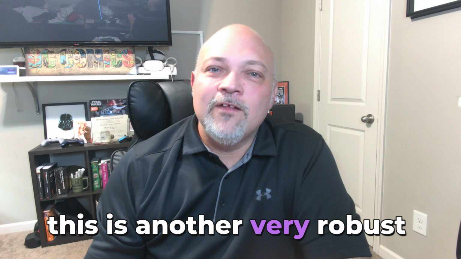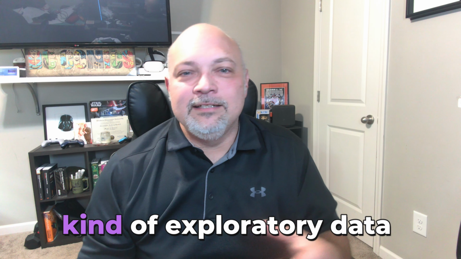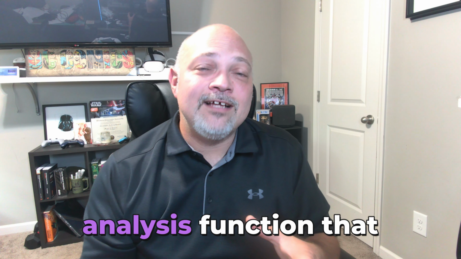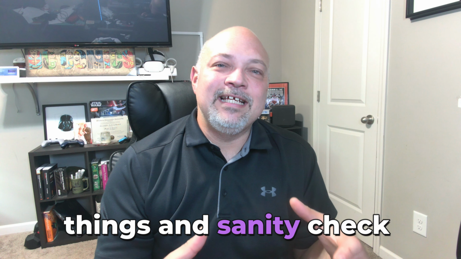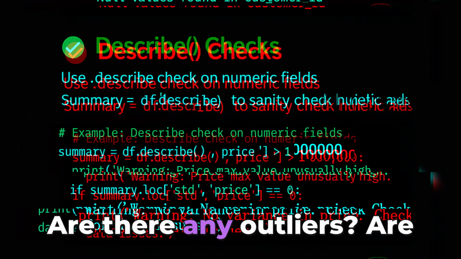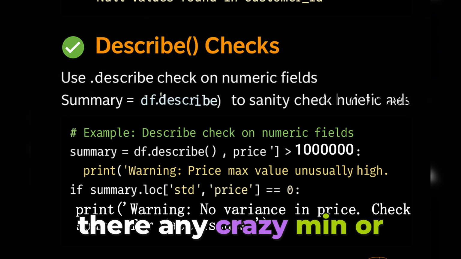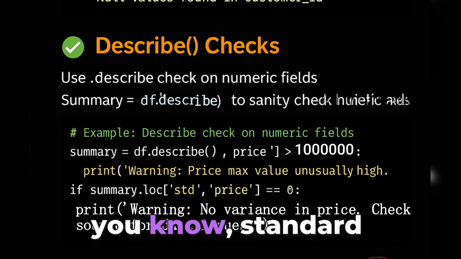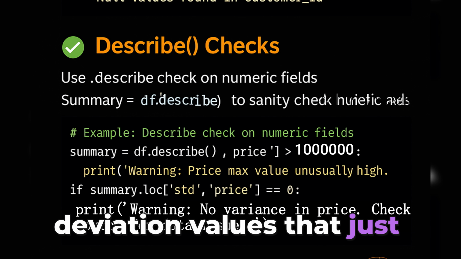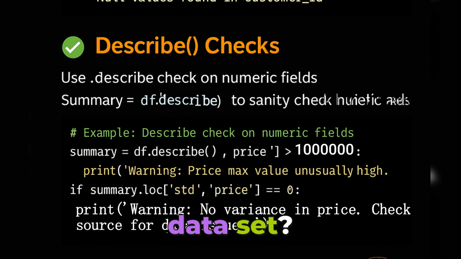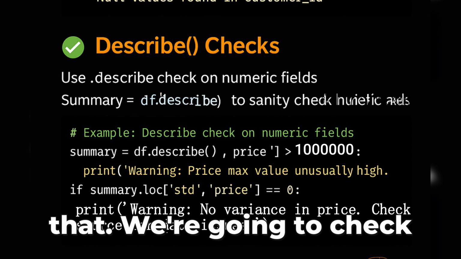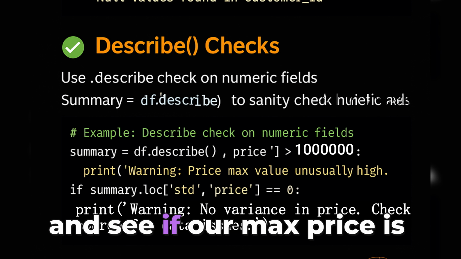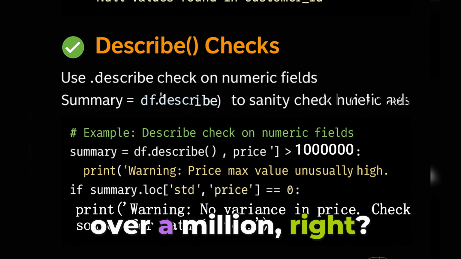Our next function that we're going to look at, describe. This is another very robust exploratory data analysis function that you could use to identify things and sanity check numeric fields. Are there any outliers? Are there any crazy min or max or standard deviation values that just don't look right in your data set? Here's an example. We're going to check and see if our max price is over $1 million.